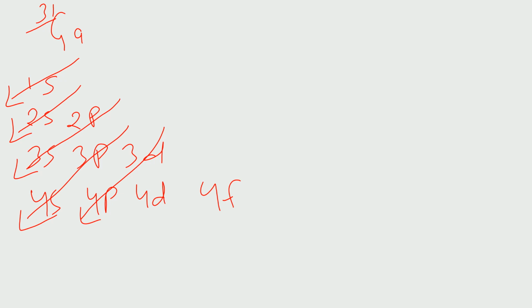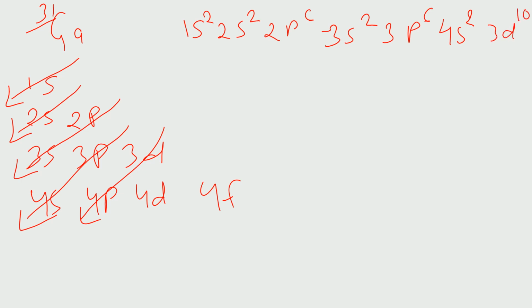The first energy level is 1s², 2s², 2p⁶, then comes 3s², then 3p⁶. How many are there? 6, 10, 18. Now after 3p comes 4s², that makes 20. Now 3d, and in d you can accommodate 10 electrons. Now there are 30, only one is remaining, which we put in 4p¹. This is how we write the electronic configuration.